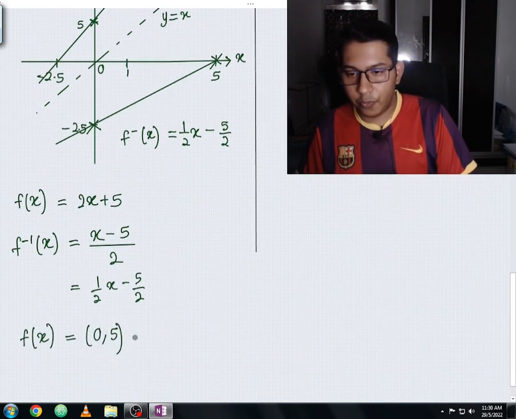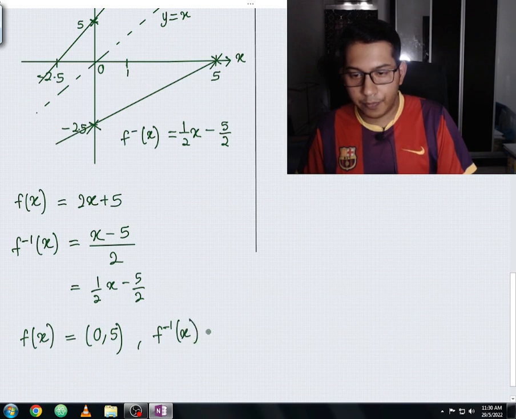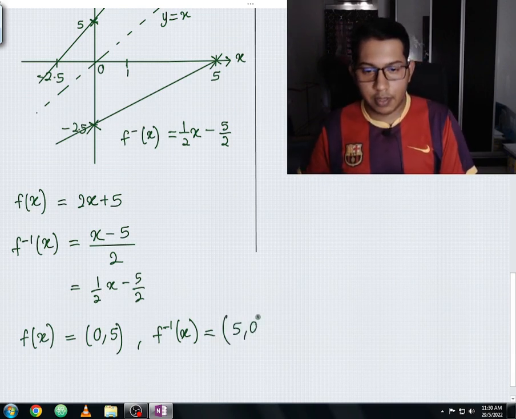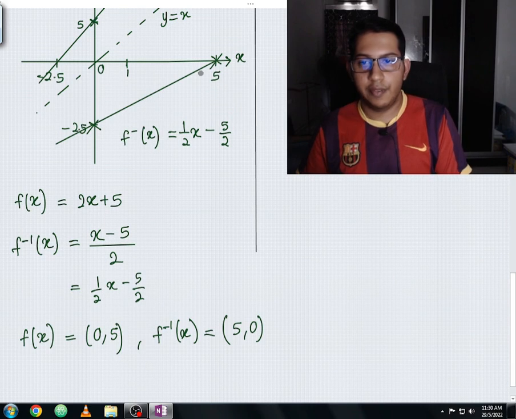And guess what is the coordinate for f inverse x? So in f(x) it is (0, 5), and for the f inverse it is the other way around, (5, 0). See, (5, 0). For f inverse x, your x will be 5, your y will be 0.